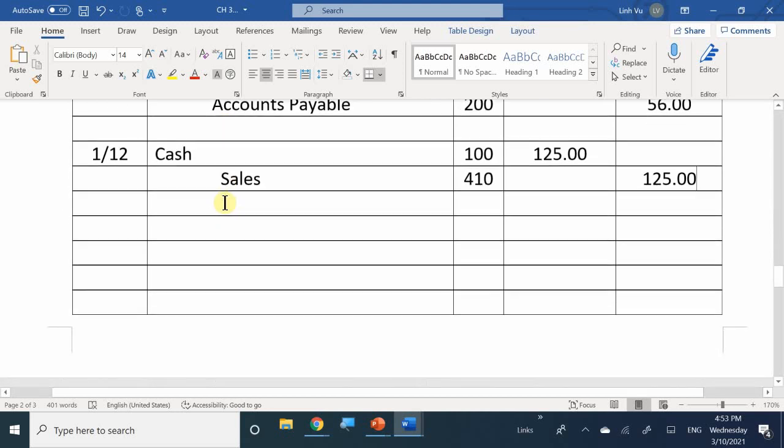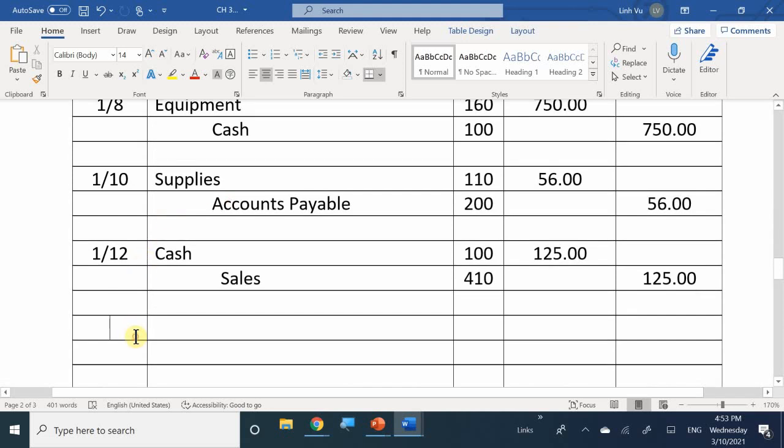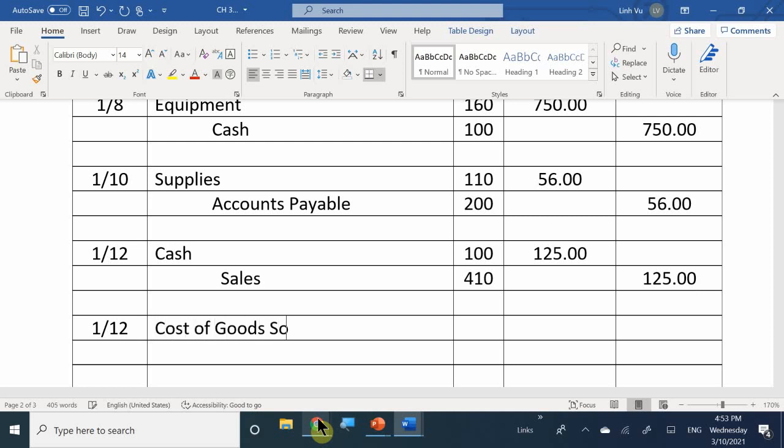And how I'm going to do that is, of course, as I've already explained. Since cost of goods sold is an expense, most likely you will encounter it as an expense, which has a normal balance of a debit balance.